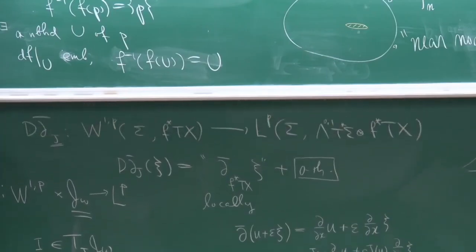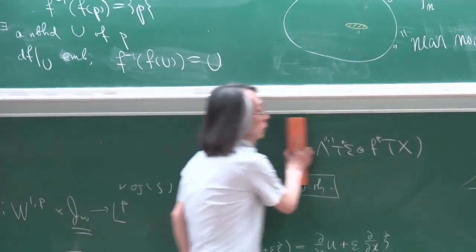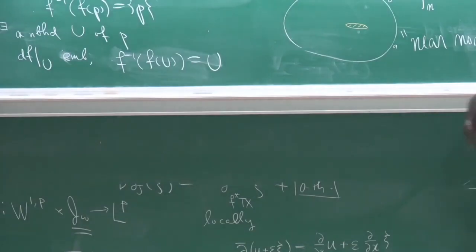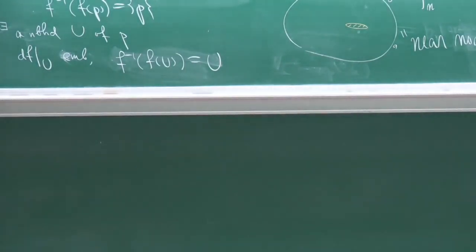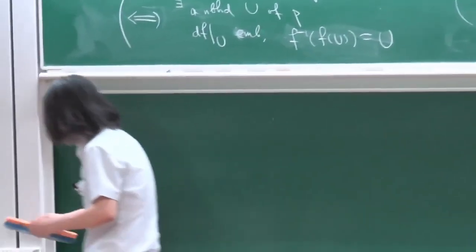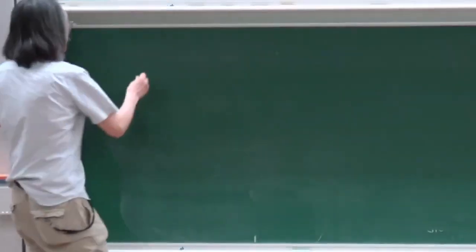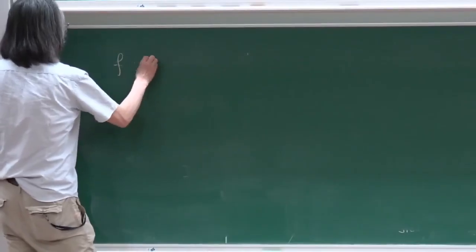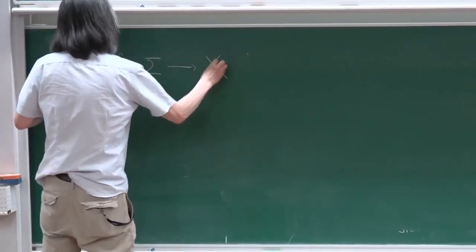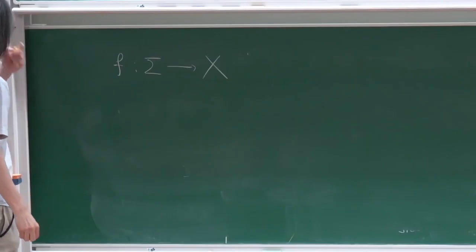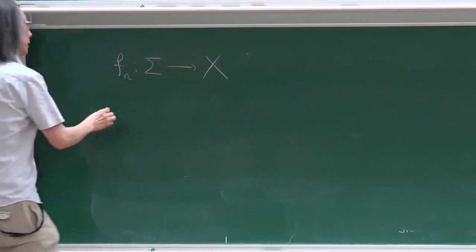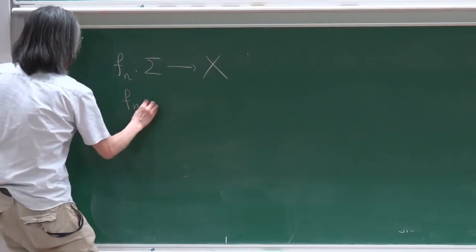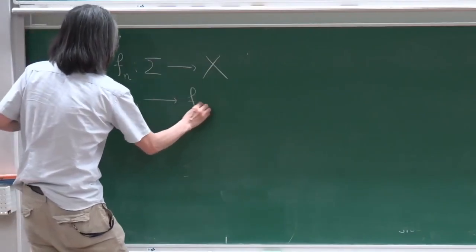So now I tell you what kind of thing is the problem. And if you know this, then this is quite easy. So let's assume F is a map from here to here, and then you consider maybe a sequence like Fn here, and this Fn may converge to something.